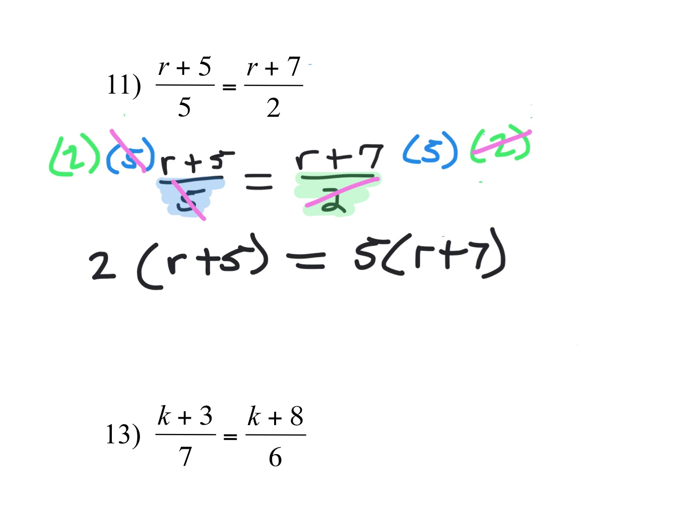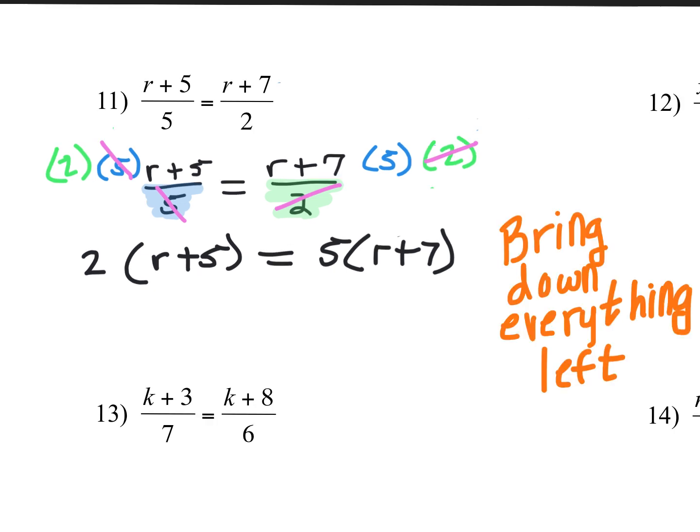After I've canceled everything out, I need to take a look at what is left over. Because I had that 2 and the r plus 5, I brought down the 2 and the r plus 5, and we're going to need to multiply those together in just a second. And because I had the 5 and the r plus 7, I brought down 5 and r plus 7. The reason I put these in parentheses, even though they weren't in the original problem, is because I have to multiply that 2 by both the r and the 5.